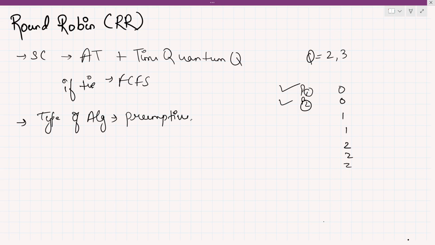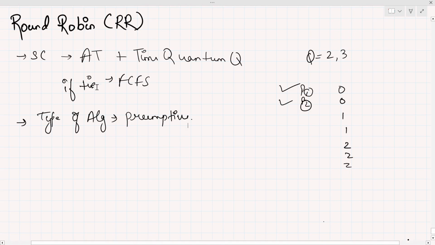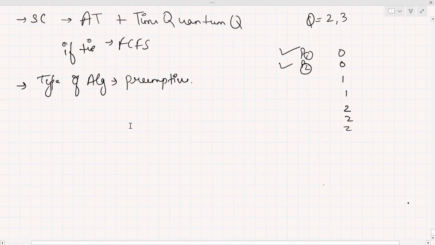Why? Because some other highly prioritized process comes and needs the CPU. So the operating system snatches the CPU from the current running process. This is what preemptive means, and this scheduling algorithm is a preemptive type of algorithm.